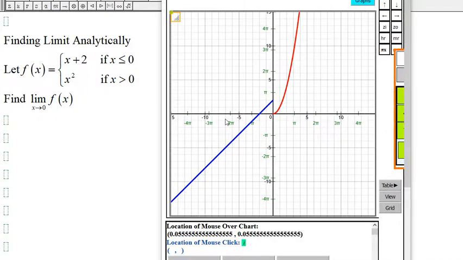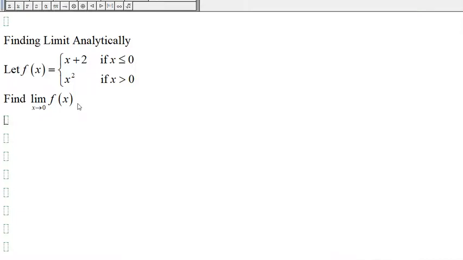And so whenever we get a piecewise function like this, and we can see here at 0 we get a gap right here, then the best way to show that the limit doesn't exist is to find the limit from the left and the limit from the right. And so let's do this.